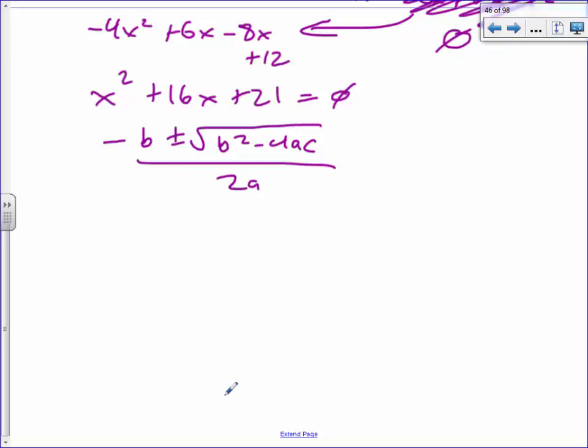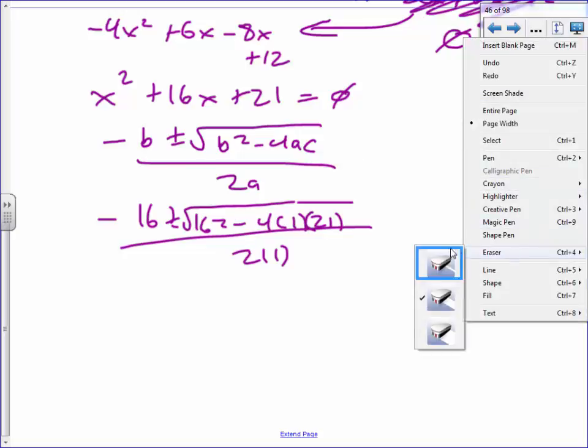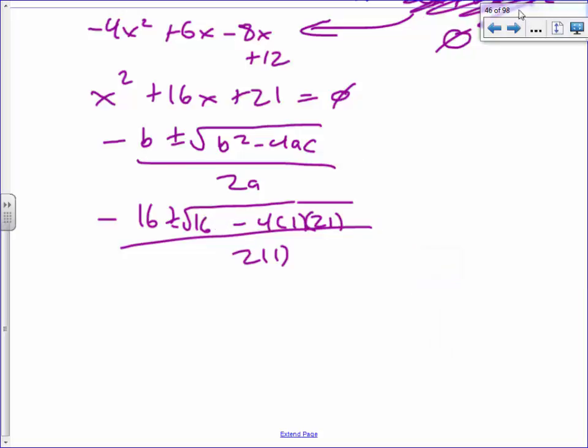That's all. So, negative 16 plus or minus 16 squared minus 4 times 1 times 21, all over 2 times 1. I'm going a little faster there, too. Slow down in case you didn't get there. It's not my greatest 16 squared ever. Let's do 16.